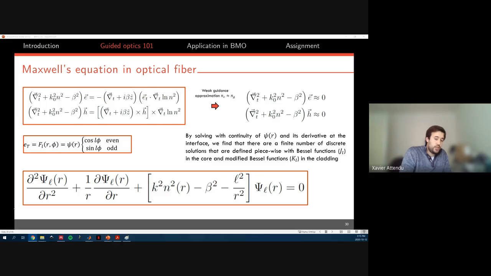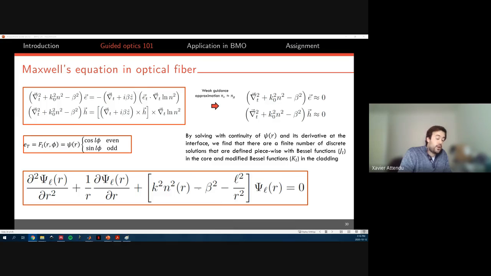This equation describes only the transverse electrical field. If you try and solve it for different index profiles, here n squared of r is the index profile, phi is the field, and beta is the propagation constant of your mode.